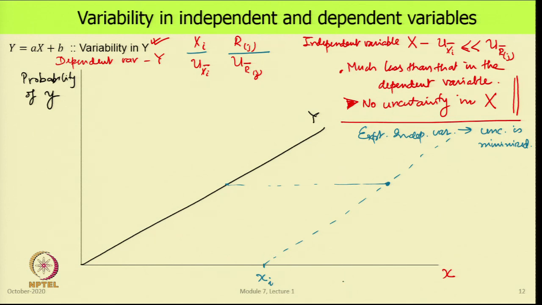But y, while x would have been the same value in every experiment, from experiment to experiment, the y value would come different. So, sometimes it will be here, sometimes there, sometimes there, maybe there, maybe there. So, what we are saying is y takes up different values, and there is a certain probability distribution to those values. That means some values are coming up more frequently, some are coming less frequently, and like that.